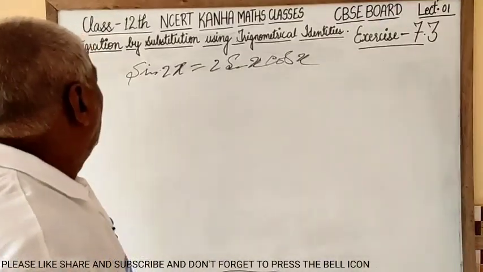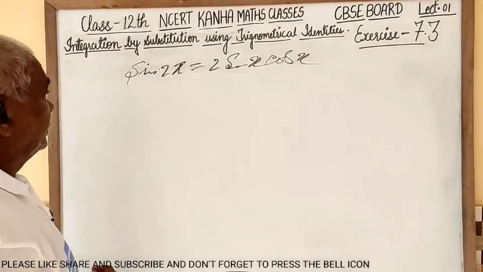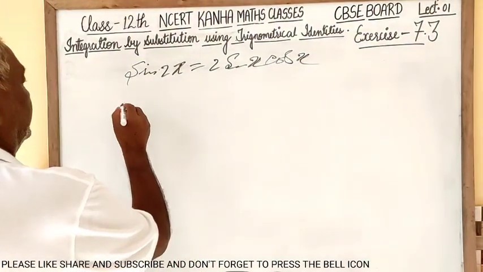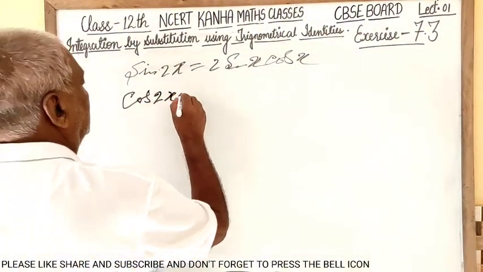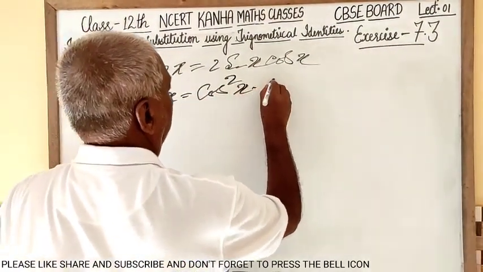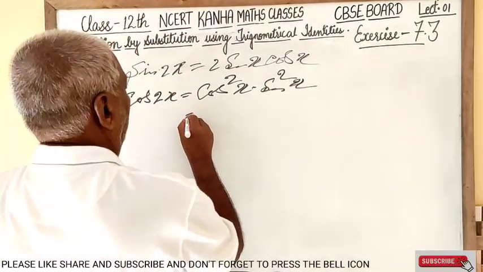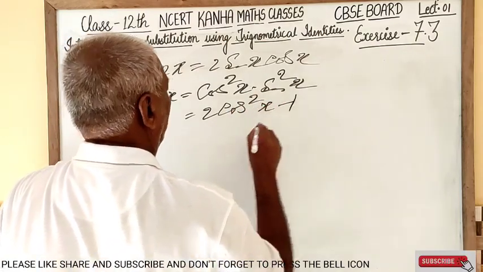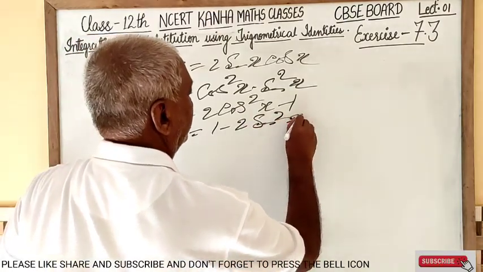Now I have stated here one prominent trigonometrical identity, sin 2x is equal to 2 sin x cos x, and other identity cos 2x is equal to cos square x minus sin square x, 2 cos square x minus 1, 1 minus 2 sin square x.